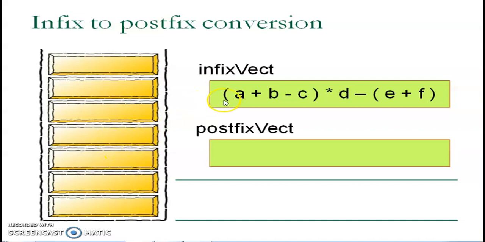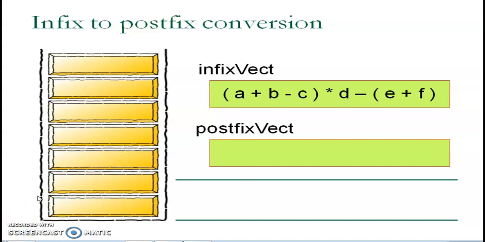We can push a higher precedence operator over a lower precedence operator. So this is the rule that we have to remember always, that we can push a higher precedence operator over a lower precedence operator, but the reverse is not possible. It means that we cannot put a lower precedence operator over a higher precedence operator.